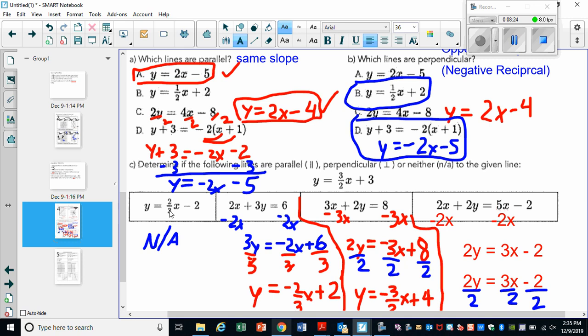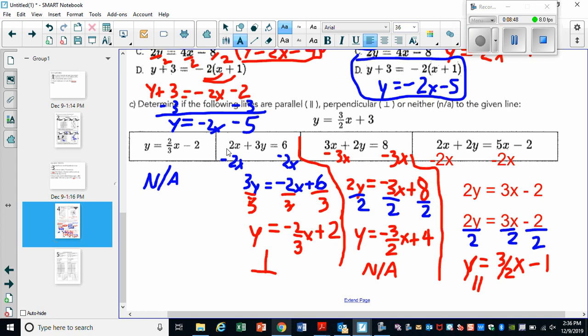They're both positive, so even though they're reciprocals, they're not negative reciprocals. So it's going to be NA because the slopes are different, and these two are not negative reciprocals. They're just plain reciprocals, but not negative reciprocals.